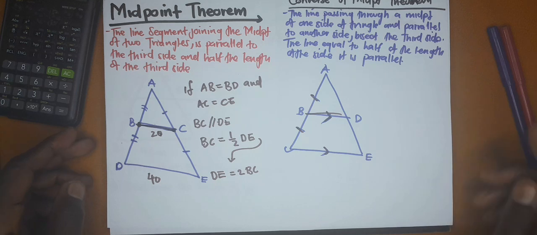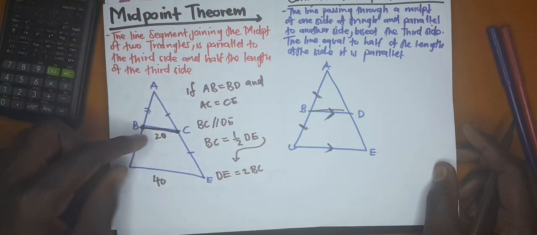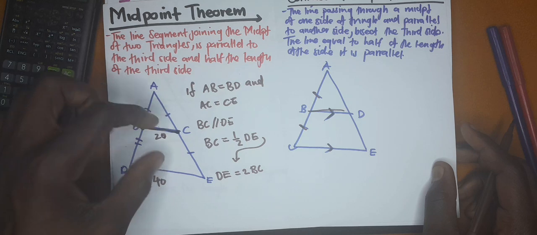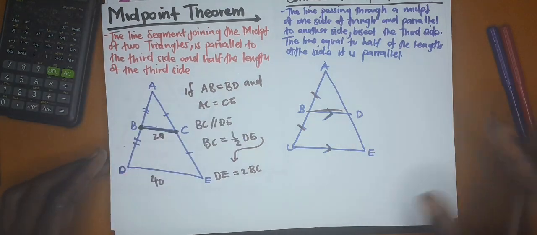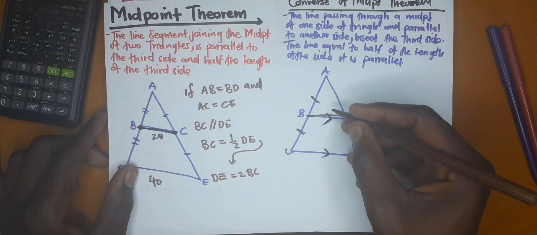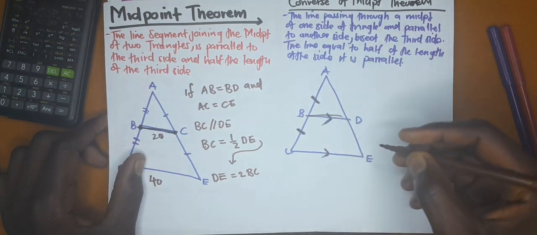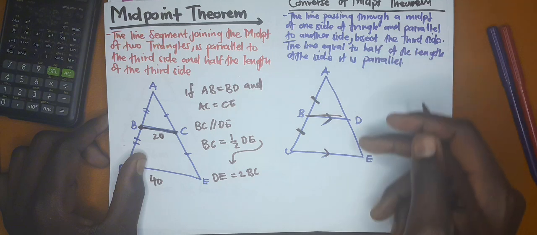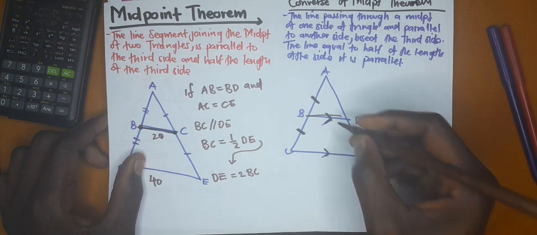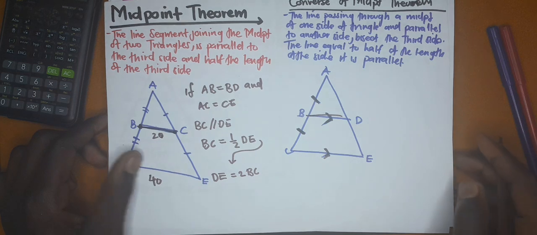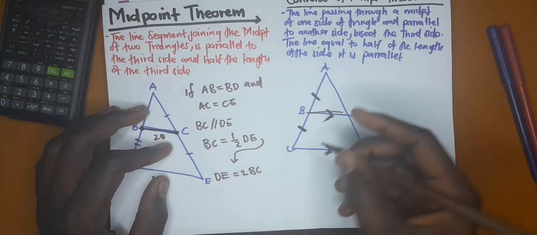In the first one, the midpoint theorem, we were given that these two are equal, and parallel was not given. We were required to prove it, and we concluded it. From here on, we are given that this side is equal to this side only, but we are not given that this side is equal to this side, and we're also given that this one is parallel to this. So we can quickly conclude, if we are given this, this is the converse.